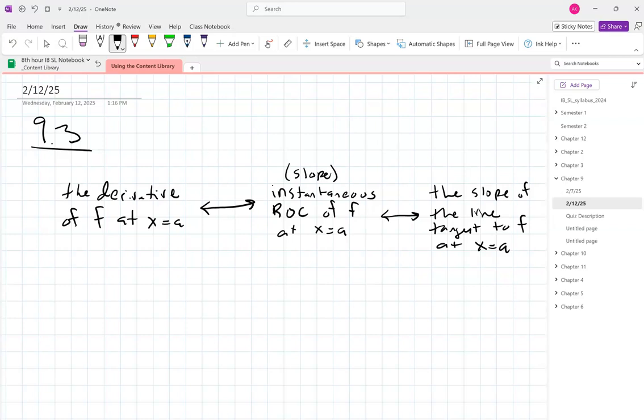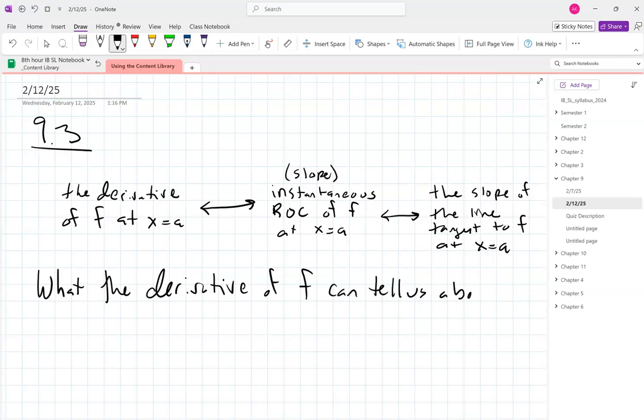In 9.3, we're going to talk about what the derivative can tell us. So we're going to look at what I can learn about f from the derivative.